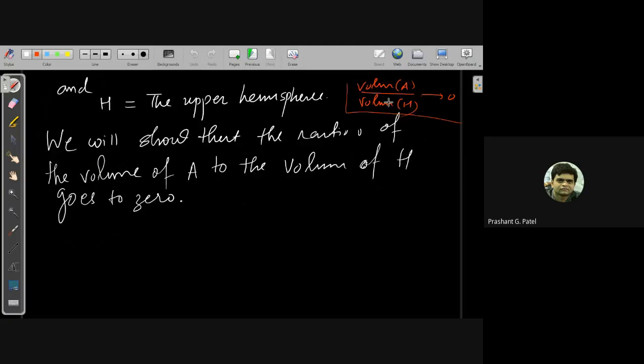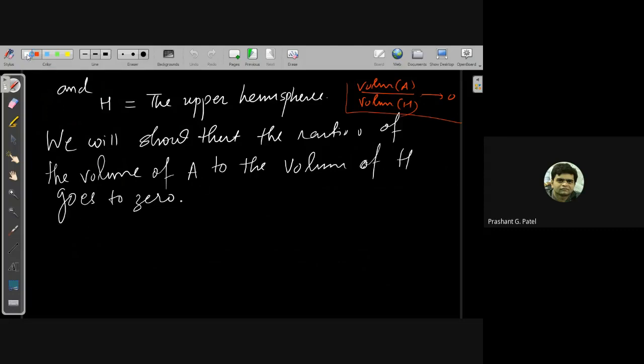So that is our objective. So if I want to prove that the volume of A upon the volume of H is tending to 0, we need to find an upper bound of the volume of A.